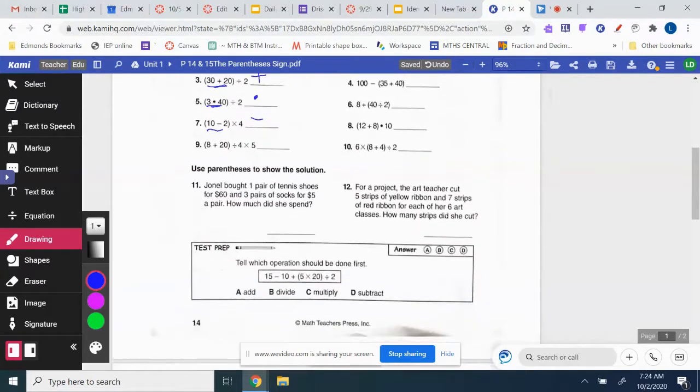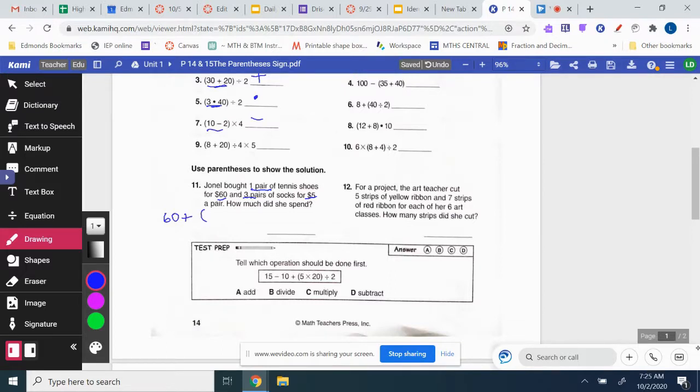On number 11 and 12, they want you to use parentheses to show a solution. So Johnny bought 1 pair of tennis shoes for $60 and 3 pairs of socks for $5 a pair. How much did she spend? So I'm going to do this. Because I don't need to use multiplication for this, I'm going to go 60 plus, and now I have 3 times 5.